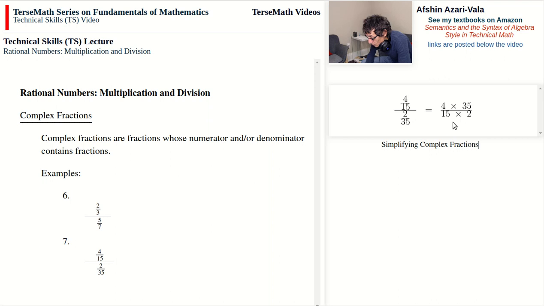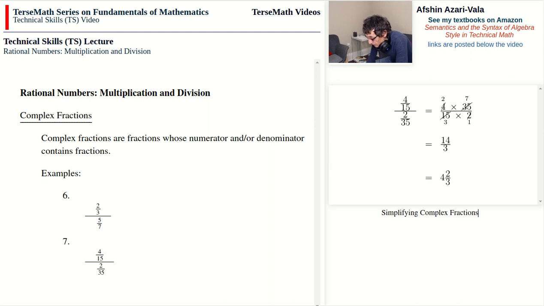Remember that if you don't reduce now, you will have to do that at the end. 4 and 2 we can reduce to 2 and 1. 2 into 4 twice, and 2 into 2 once. 15 and 35 we can reduce to 3 and 7 using 5. So 5 into 15 goes 3 times, and 5 into 35 goes 7 times. Now we multiply the top numbers to get 14, and we multiply the bottom numbers to get 3, and we convert to a mixed number.